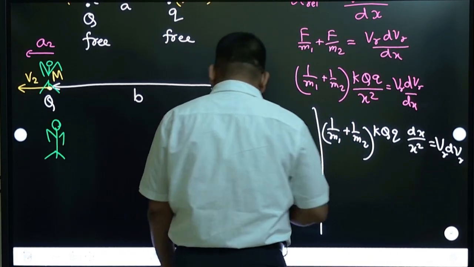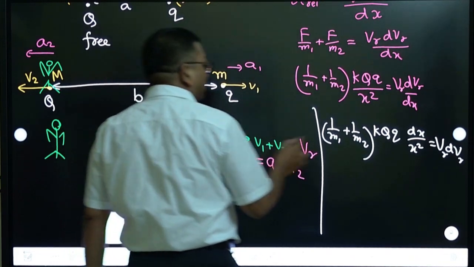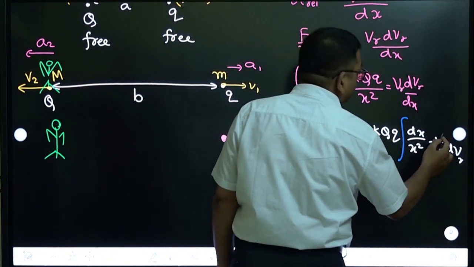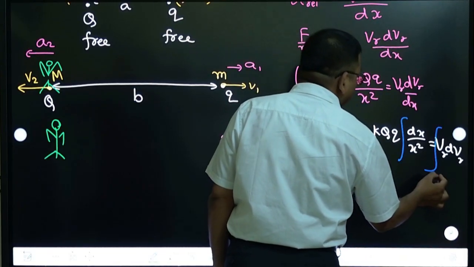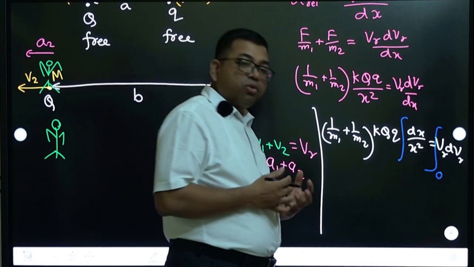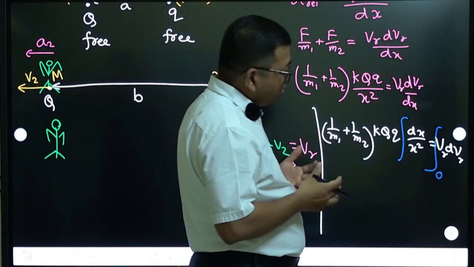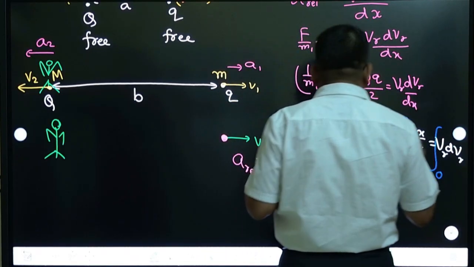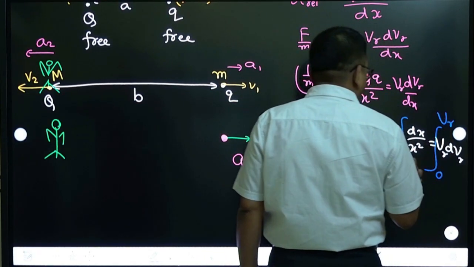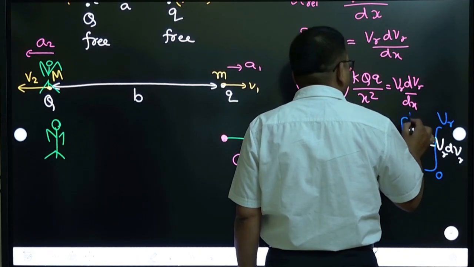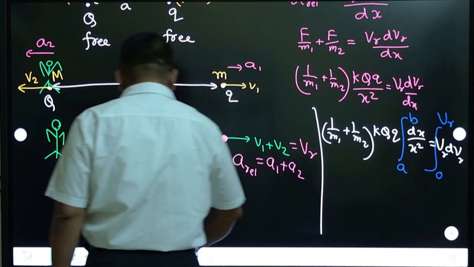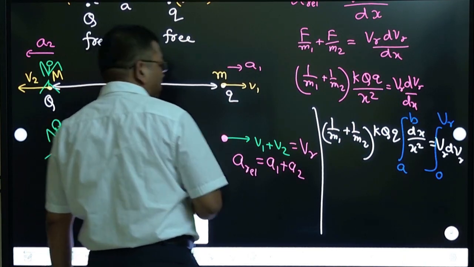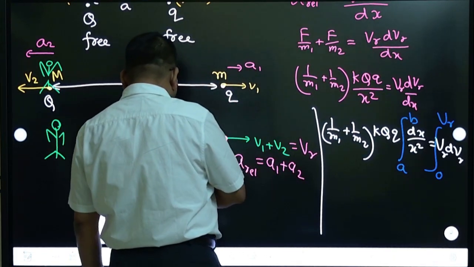Now you do integration, and the constant is coming out. Initially both have zero velocity, so initial relative velocity is zero. Finally the relative velocity is vr, which is v1 plus v2, and initial position is a, final position is b, the separation.